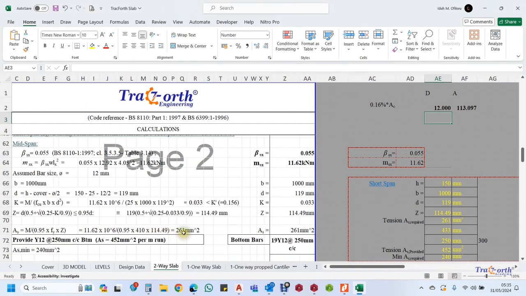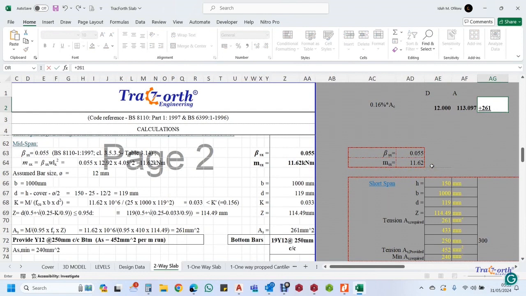How many bars? So here, we would divide what we have here. In this case now, let's say it's 261. We divide it by, let me use equal so that I don't get confused.